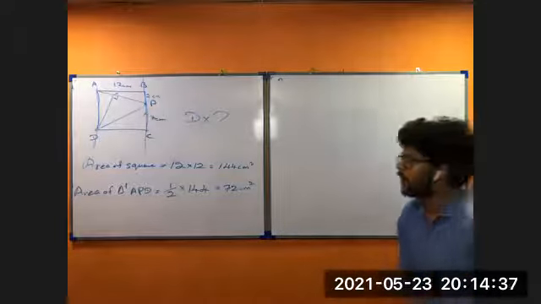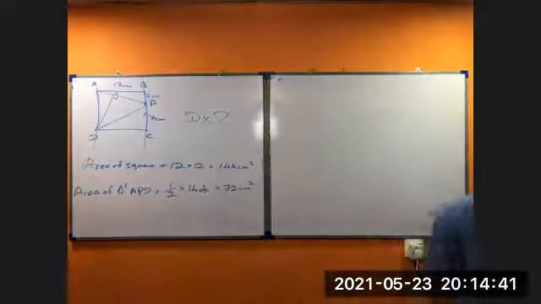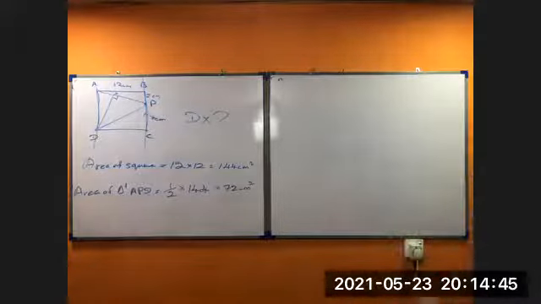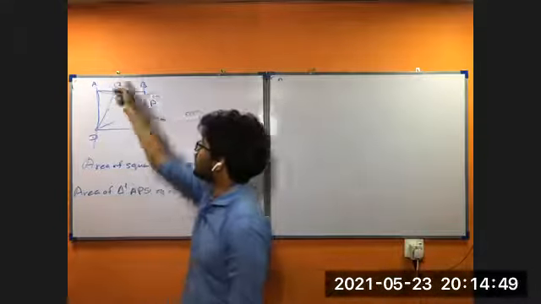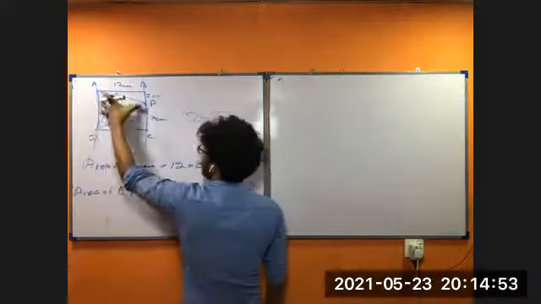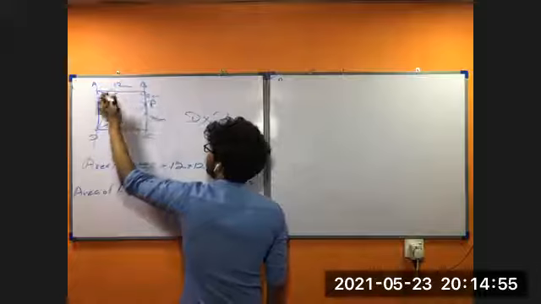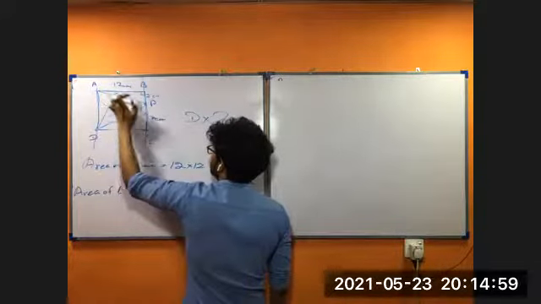So by using Pythagoras, you can find AP. Basically, there are Pythagoras triplets. If you know them, you can use them. If not, you can simply find it: this is the hypotenuse, this is 90 degrees. So this one squared plus this one squared, square root will give this one, right?